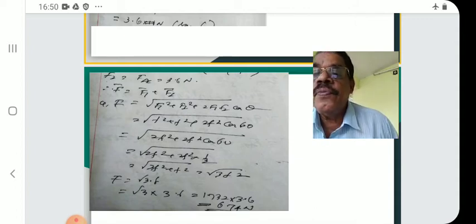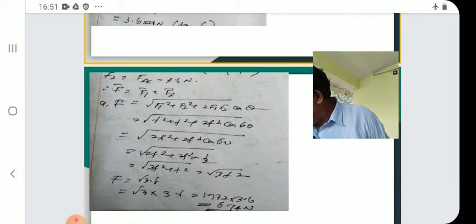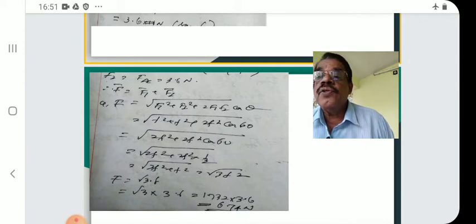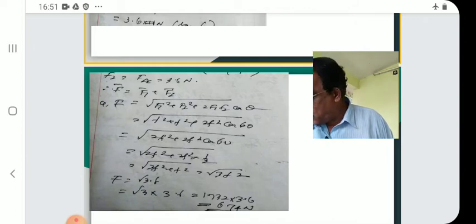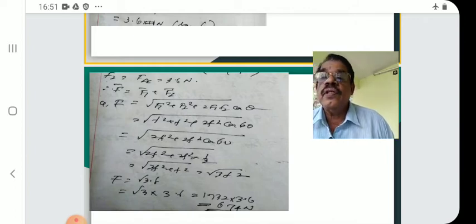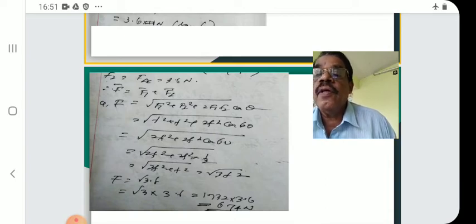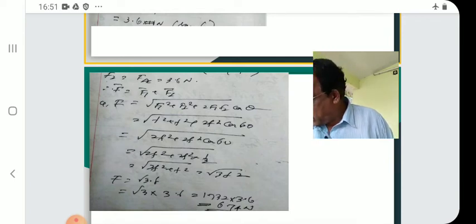That is root of small f square plus small f square plus 2f into f cos theta, since capital F1 is equal to capital F2 is equal to small f.